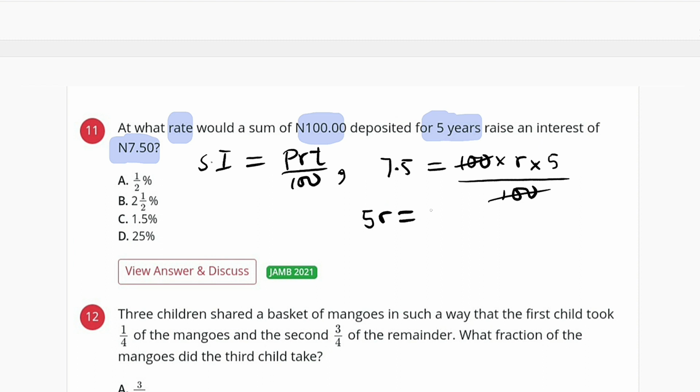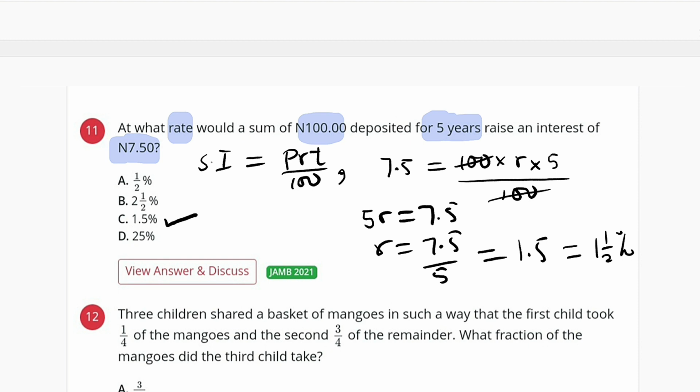So 5R is equal to 7.5, and R is equal to 7.5 divided by 5. This is equal to 1.5, and 1.5 is the same thing as 1 over 2 percent, which is, okay, we even have it as C, 1.5.